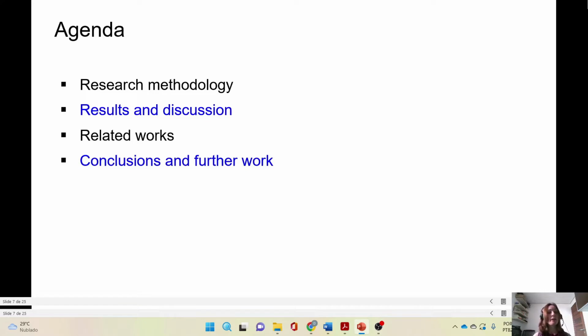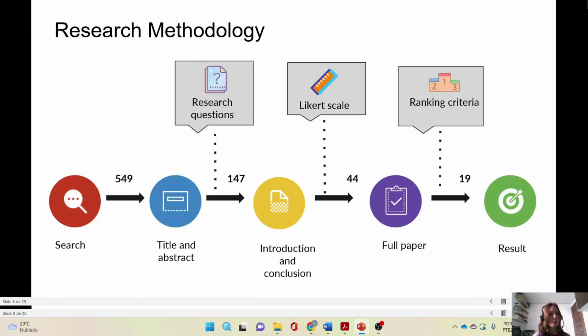We are going to compare our work with some related ones, and finally, we are going to provide some conclusions and further work. Talking about our research methodology, as we have already mentioned, we have used a systematic literature review to identify the state of the art.